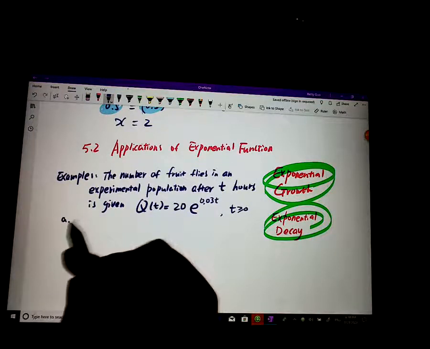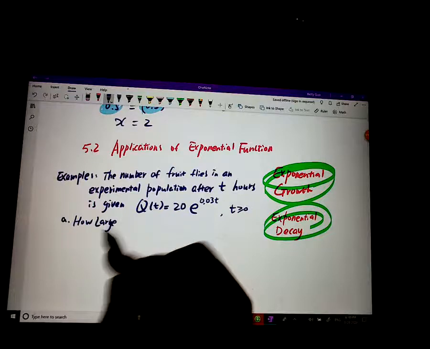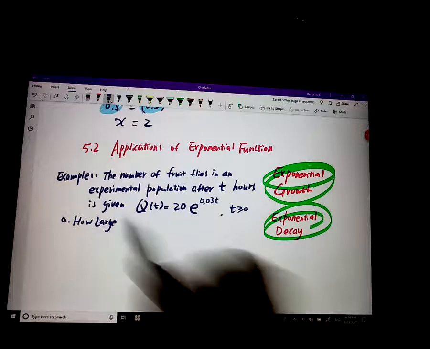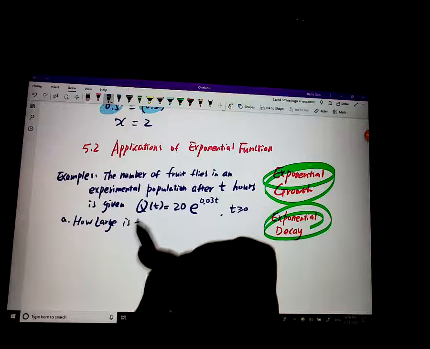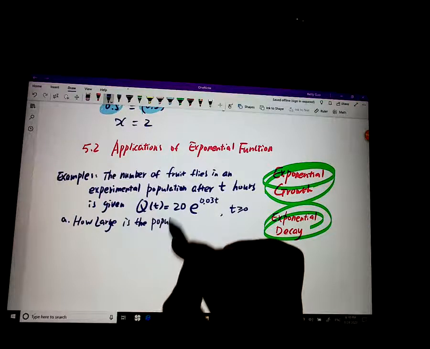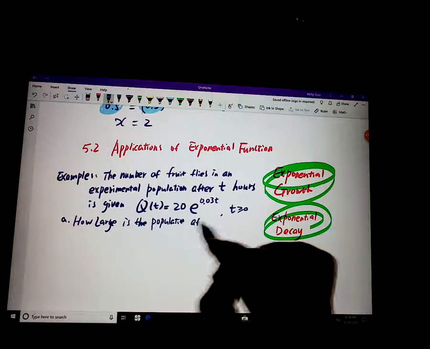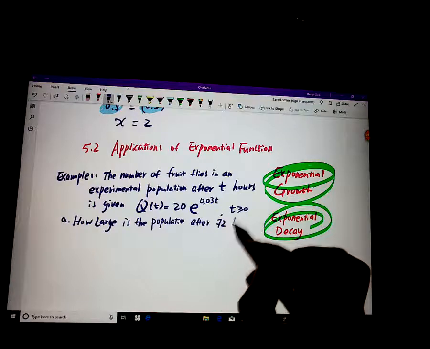All right, we need to complete the following 2 parts. Part A, how large is the population after 72 hours?